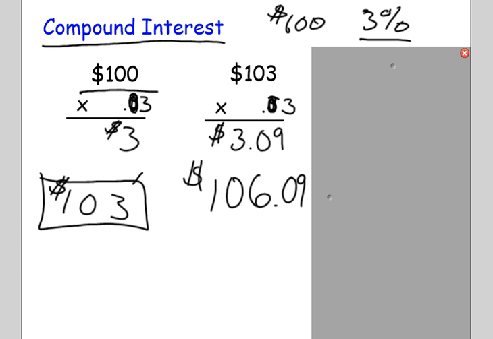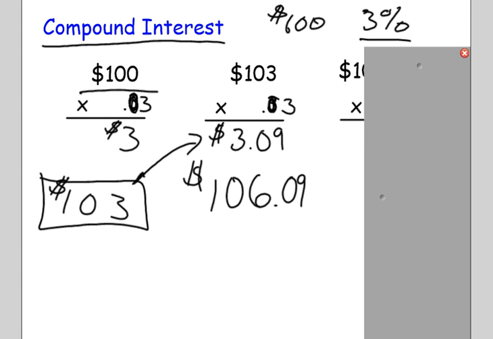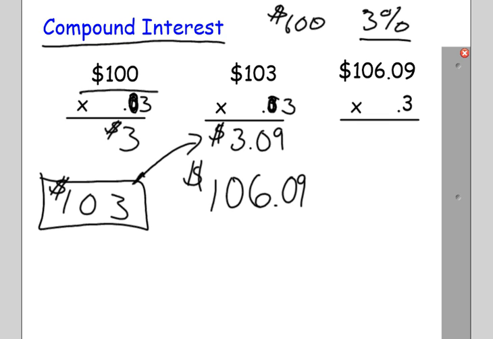It's the original amount plus your new interest, which gives you this amount. And of course, it's going to compound again. So if you start the next year, how much money are you going to have at the end of 3 years? Now we have this number times this number, and this is part of the reason why calculators can be really nice.